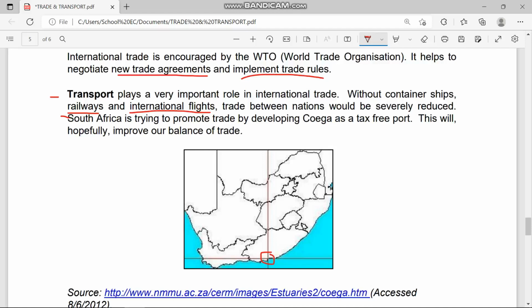This will hopefully improve our balance of trade, meaning that we're going to export more goods and services than we import.